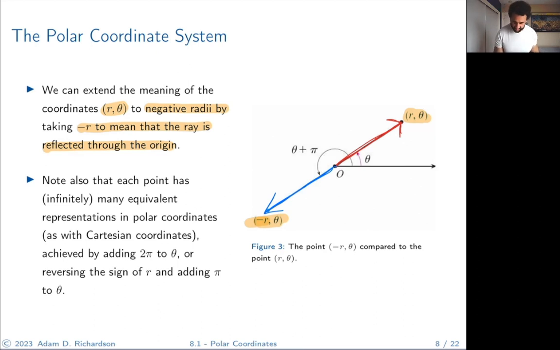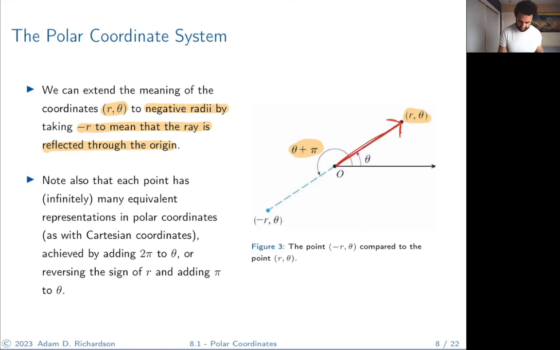Oh yeah, that's right. Another way of describing this reflected point precisely is that it's the same thing as taking your point r comma theta and adding pi to the angle theta. We're going to see some examples of this in just a minute.